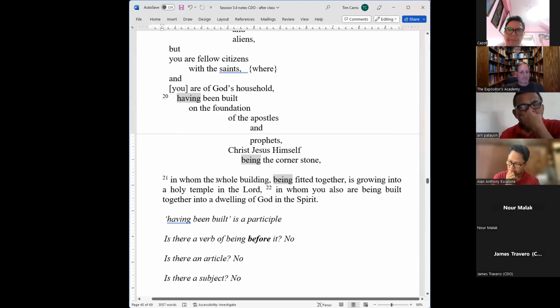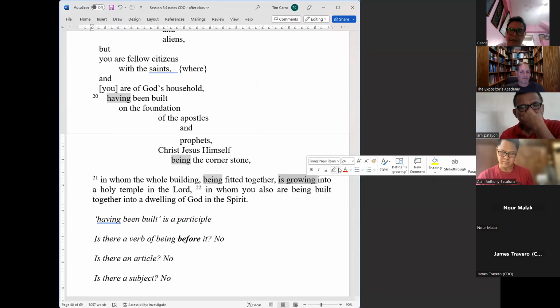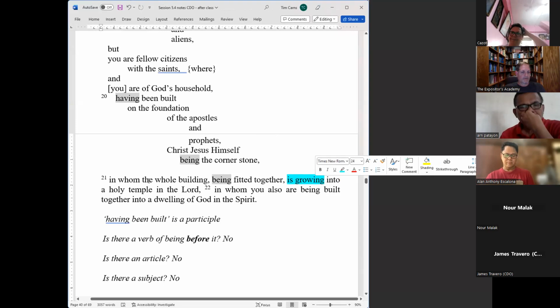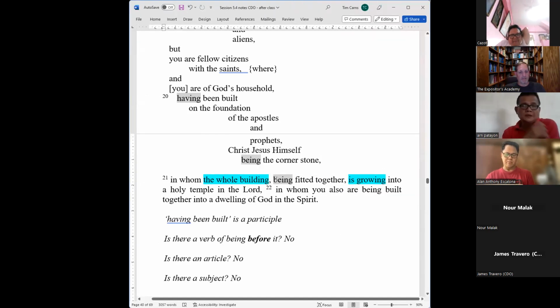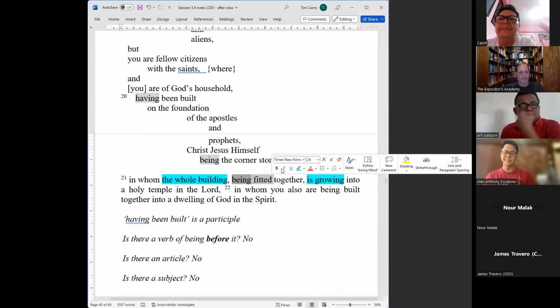The building is the subject. Well, let's see. In whom the building, it doesn't say "is being fitted." It says the building is growing. Oh, okay. So being fitted is actually a participle here.